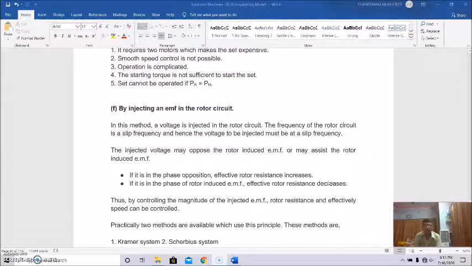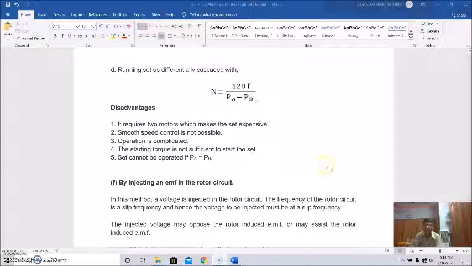Once again, for this methodology we have mostly followed textbooks such as P.S. Bhimbra's Electrical Machinery, Nagrath and Kothari's Electrical Machines, Fitzgerald and Kingsley as reference books, and also Electrical Machines by Ashfaq Hussain.